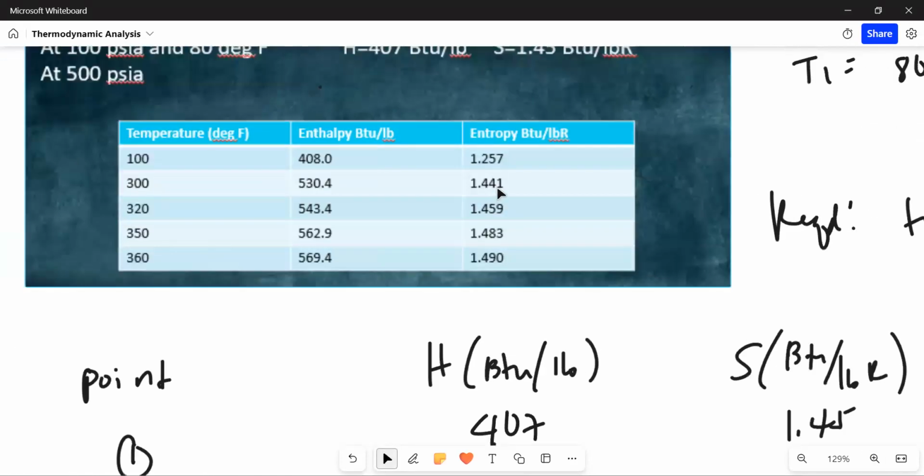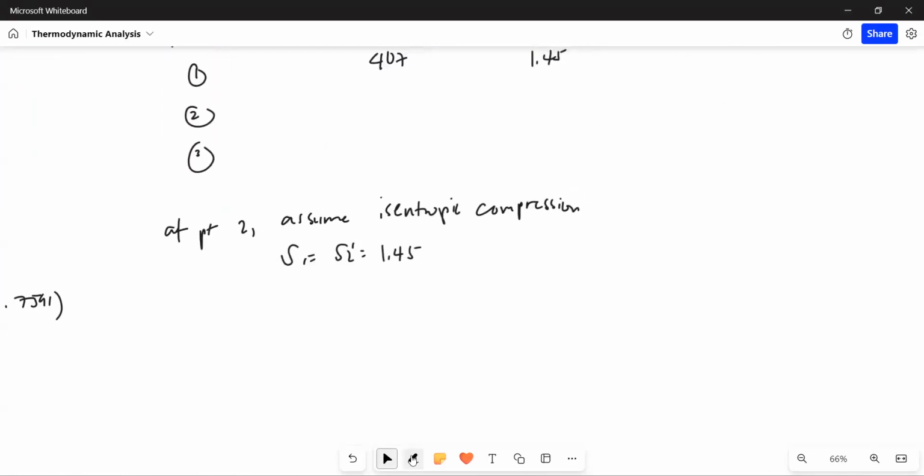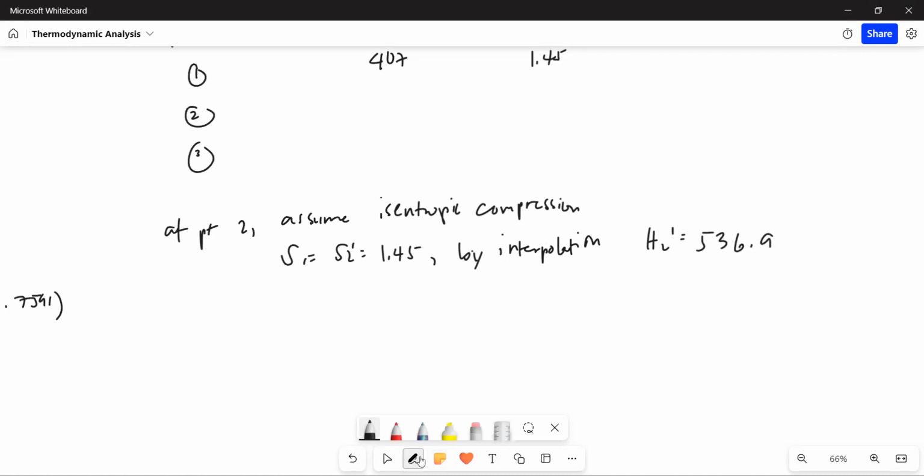Between this value and this value, 1.45 lies here, we can get H2 prime. By interpolation, H2 prime is 536.9.